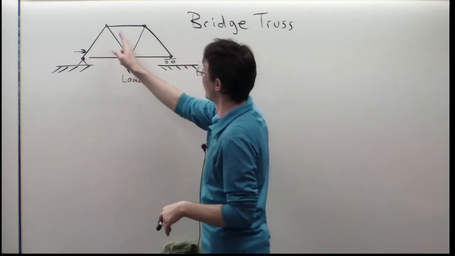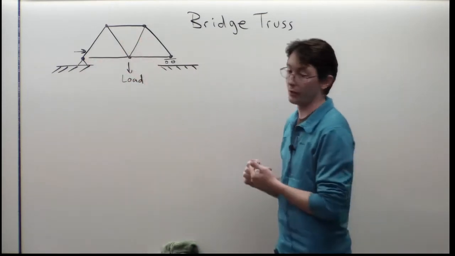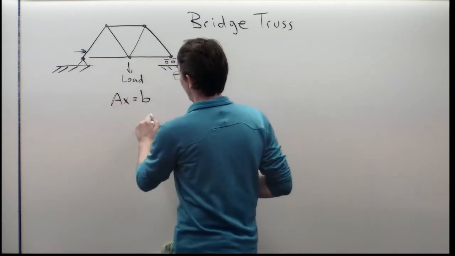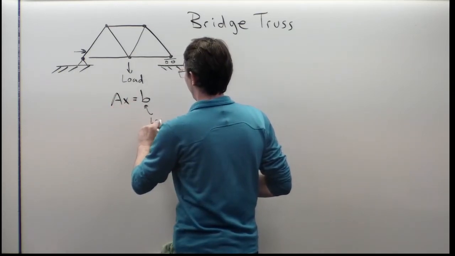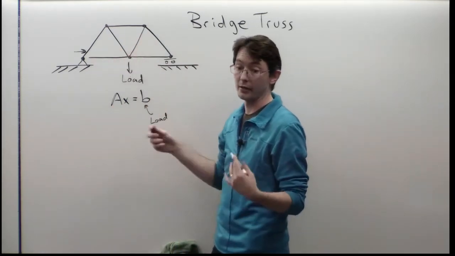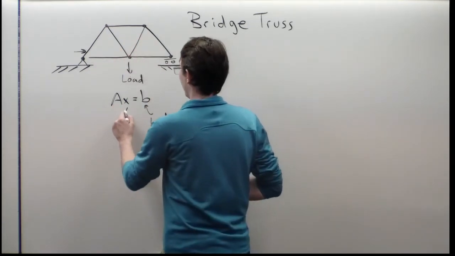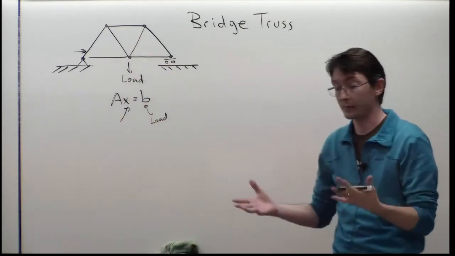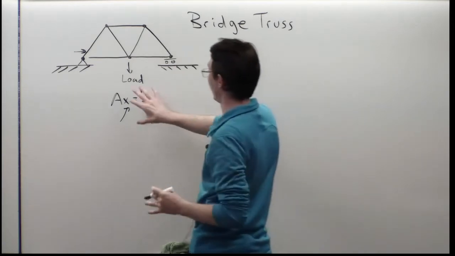We can write this down as a relatively small system of equations, Ax equals b, where b is my external load, A is some system of constraints on these metal members, and x will be the forces experienced by each of these members. This is a pretty simple system of linear equations.